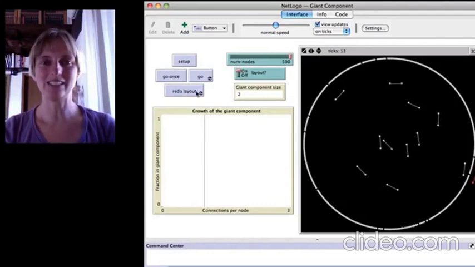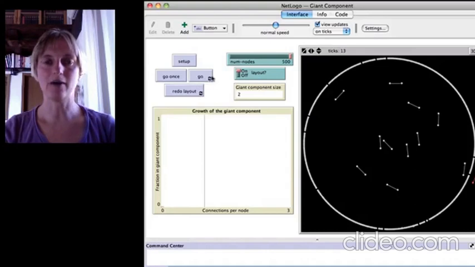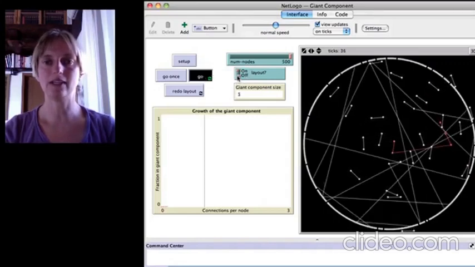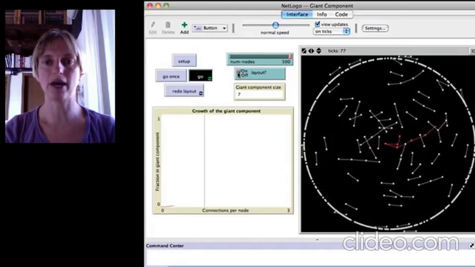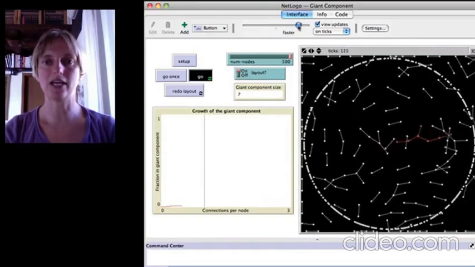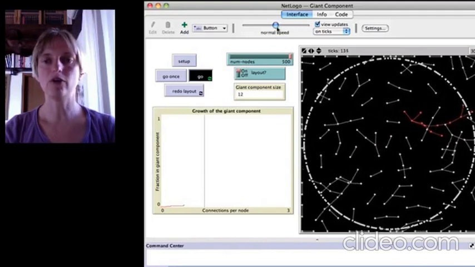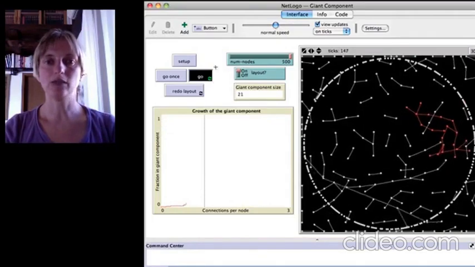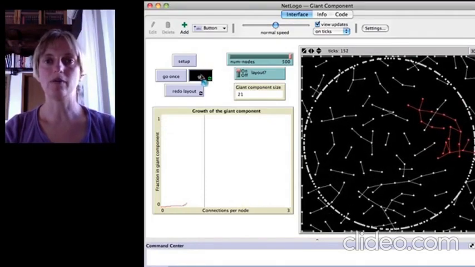So what you'd like to do is just hit the Go button with the little repeat, and that will just continuously add edges. And if this, for whatever reason, is too slow for you, you can turn the layout off for a while. You can turn it back on, or you can accelerate by moving the speed slider as well. And what you're looking for is at what point the giant component is going to start to emerge.